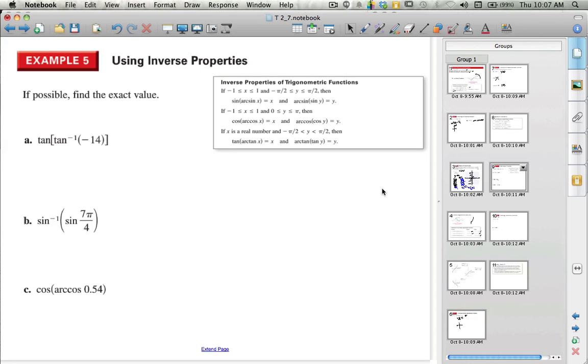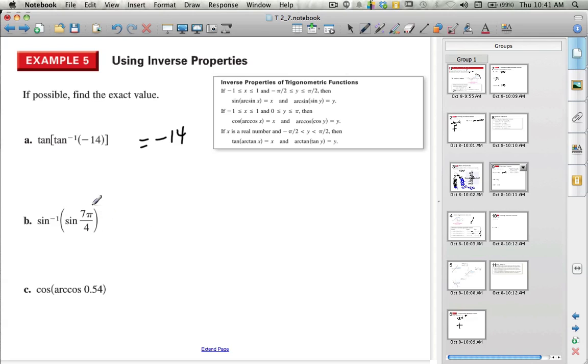So if x is a real number, right, in this case x is -14, right, so tangent times the inverse tangent of -14 would be equal to what? It would be equal to -14. They cancel each other out.